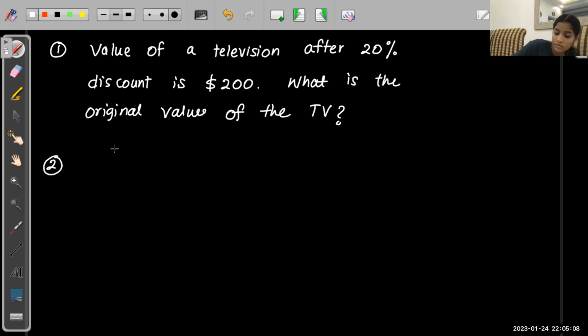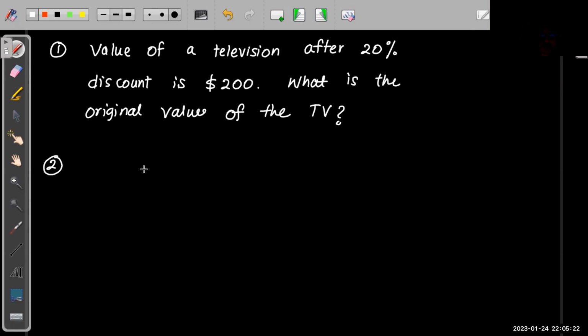Okay, so for this, they're asking for 20% off to 200. So what I do, I think this is finding the original value. They are giving 20% discount, then the value is 200.